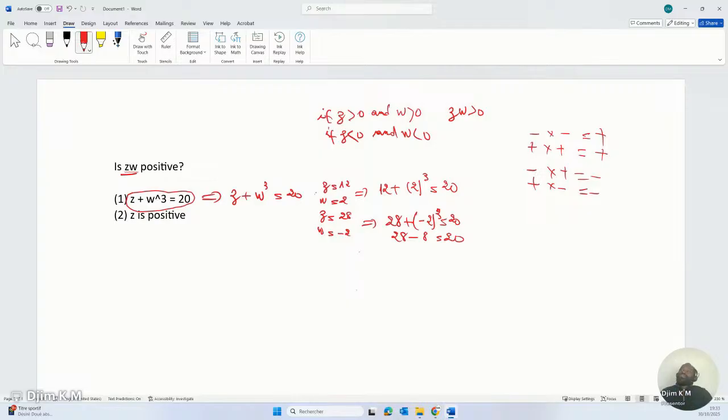So we need to determine: is it that when Z is negative, W is also negative, or when Z is positive, W is also positive? Looking at this equation, we have no way of finding out, because Z can be positive and W negative, but we will still have the value 20 here. So this is insufficient.